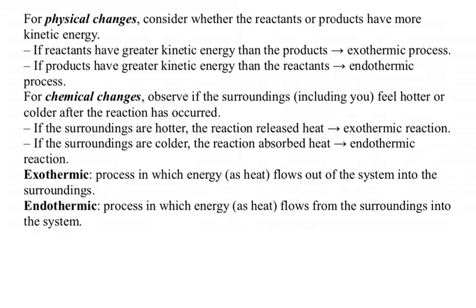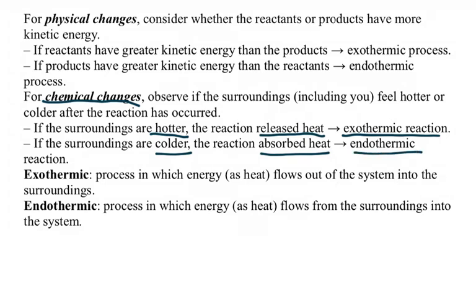The one I did mention was for chemical changes. Notice that if a chemical change occurs and the surroundings get hotter, for instance, the test tube feels hot, that's because heat was released. And whenever heat is released, that's exothermic. If the test tube feels colder, and that's the result of heat being absorbed, then that's an endothermic reaction.